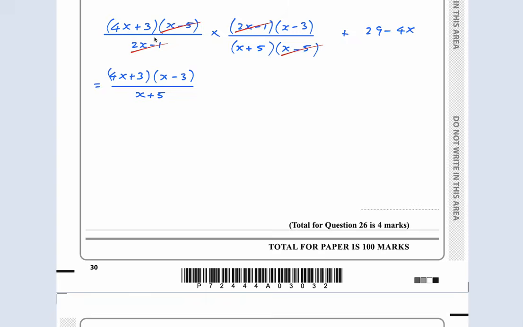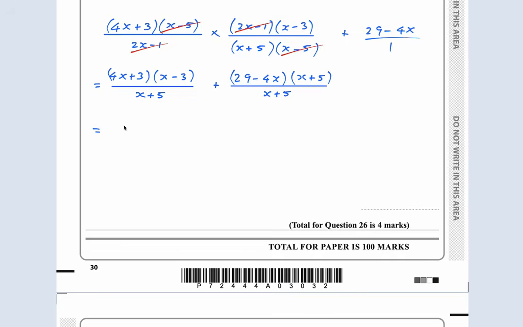So this whole part here equals this. And we're now going to add this. But guys, I may as well at this point make a common denominator, because I'm going to add two fractions. I need a common denominator. So the common denominator will be x plus 5. This has a denominator of 1, so if I multiply this 1 by x plus 5, I have to multiply this numerator by x plus 5. Okay, so now the denominator is common, so I can just join them together, but I'm going to multiply out the brackets.